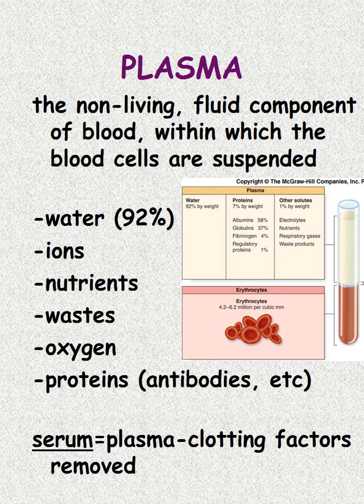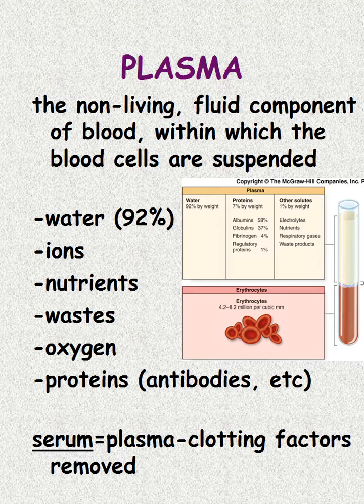Then we have other solutes, so electrolytes, nutrients, respiratory gases, and waste make up less than about 1% of all plasma. Electrolytes include sodium, potassium, calcium, chloride, iron, bicarbonate, and hydrogen, and they help to establish and maintain membrane potentials, help to maintain the pH, and regulate osmosis.